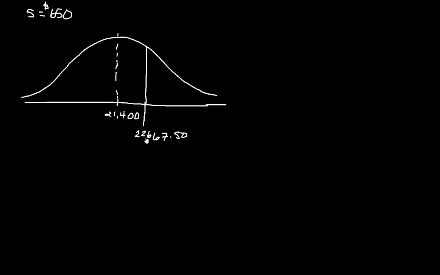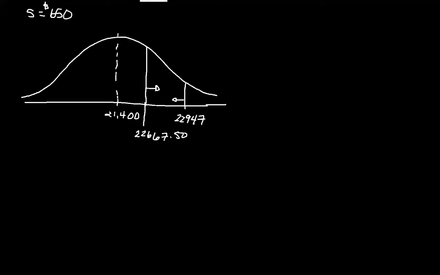So 22,947.90 is, let's pretend, over here. I don't know what it is, but I'll just draw it since it's the relative positions. So this is 22,947 exactly. So really what I want to do is find the probability that it's greater than 22,667, so more than this, and less than this.